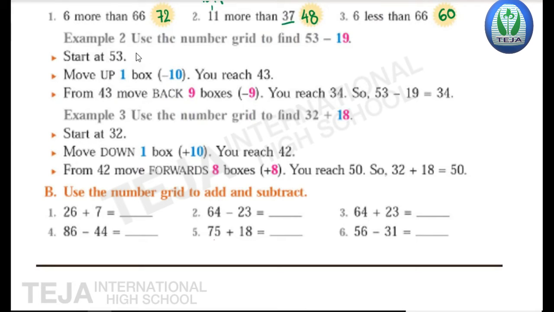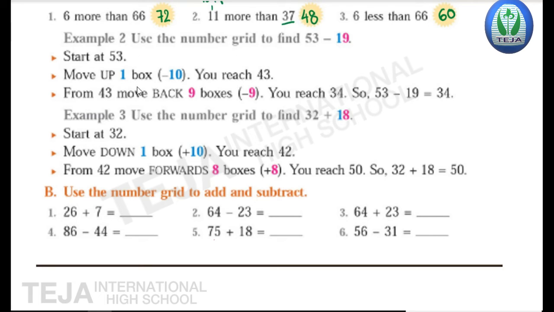So example 2, children. Use the number grid to find 53 minus 19. How to find 53 minus 19 means here the bigger number is 53. So start at 53. Now subtraction, no, so you have to move upward. So for addition you have to move downward, whereas for subtraction you have to move upward.